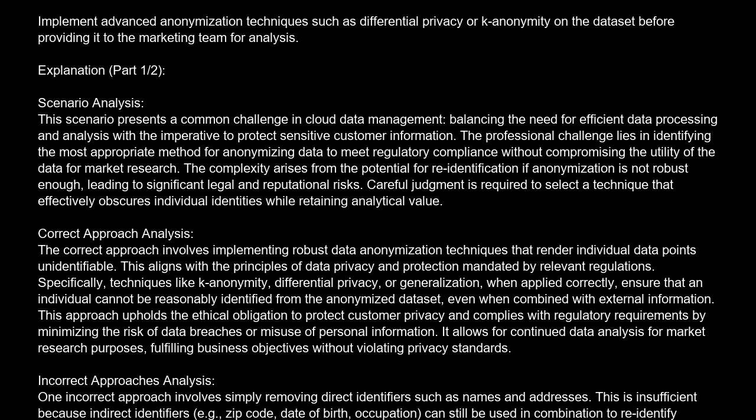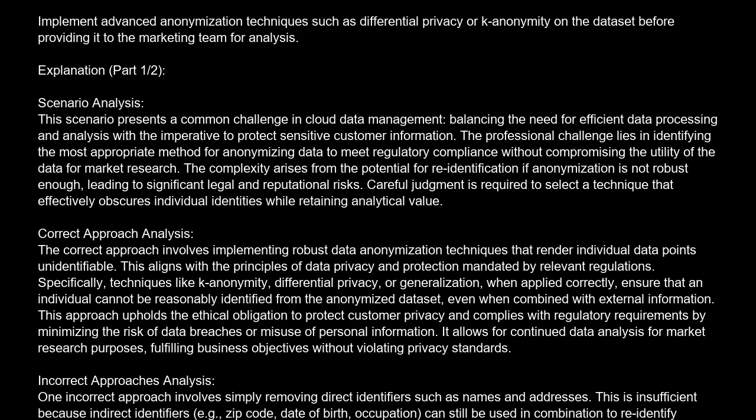This approach upholds the ethical obligation to protect customer privacy and complies with regulatory requirements by minimizing the risk of data breaches or misuse of personal information. It allows for continued data analysis for market research purposes, fulfilling business objectives without violating privacy standards.